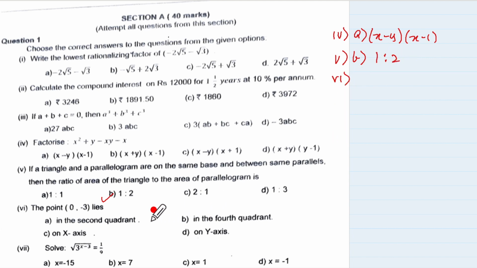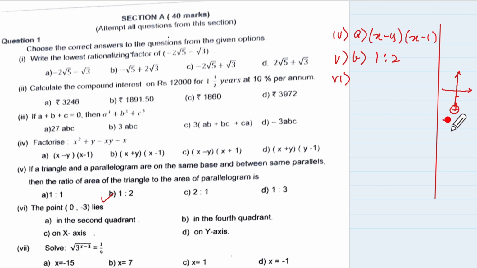Let us look at the sixth one. The point 0, minus 3 lies in which quadrant? Now as I told you, I'm just going to show a small working column over here so that we can have a little bit of thinking step here. So it is 0, minus 3. 0, minus 3 is 1, 2, 3.